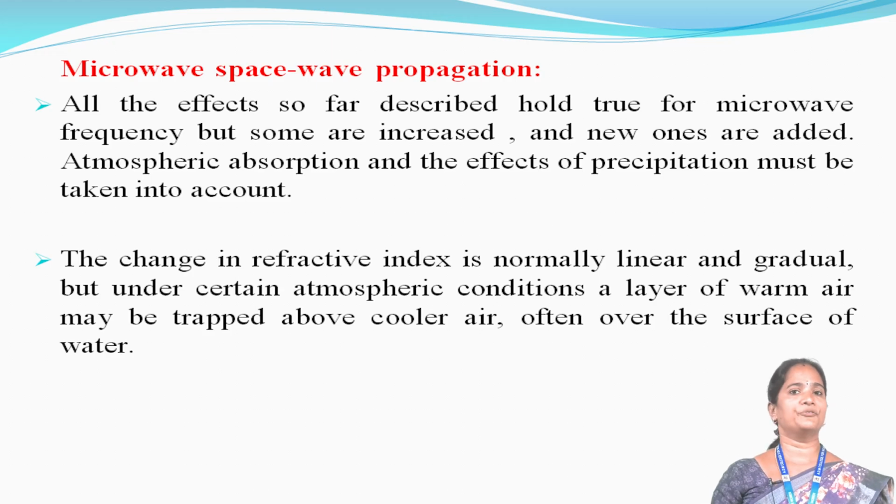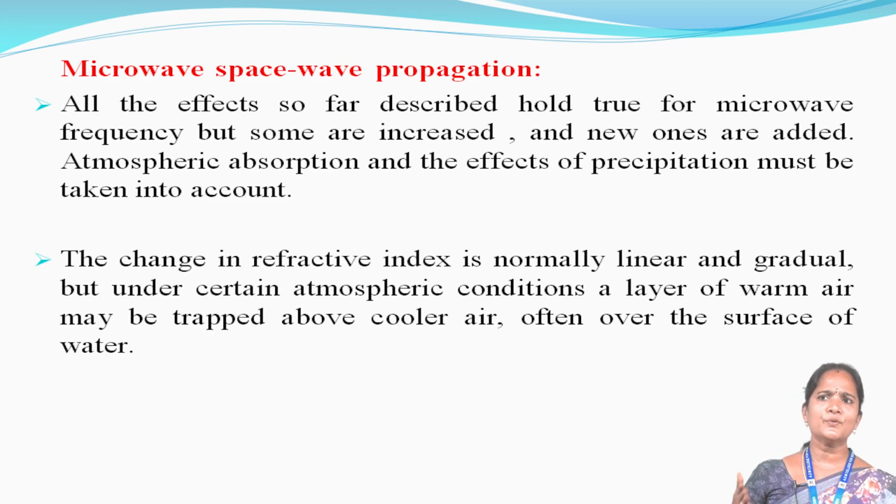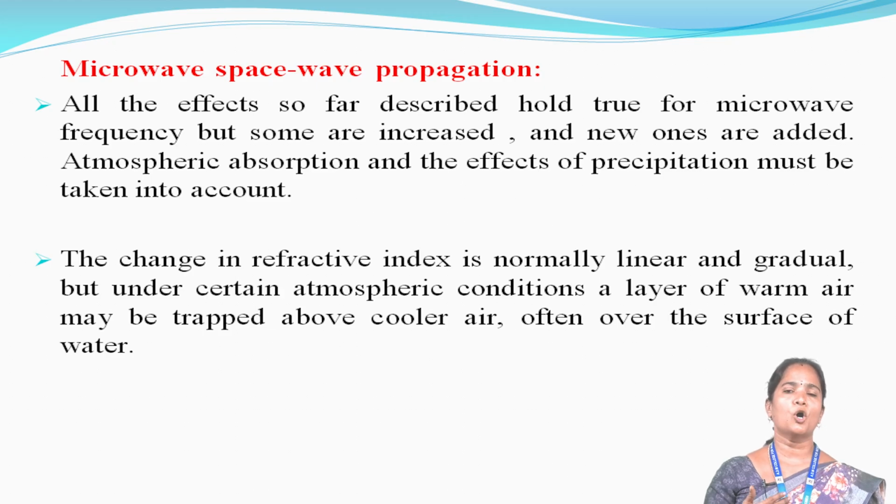The change in refractive index is normally linear and gradual, but under certain atmospheric conditions, a layer of warm air may be trapped above cool air, often over the surface of water. Microwaves are thus continuously refracted, and bending down takes place as they are propagated around the curvature of the Earth, for distances which sometimes exceed 1000 kilometers.